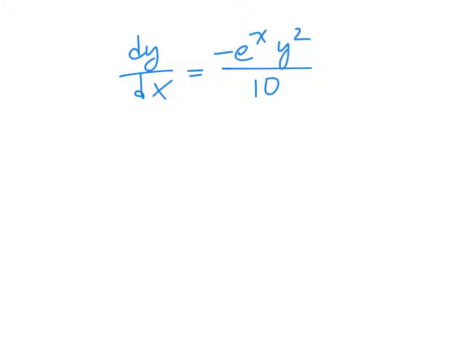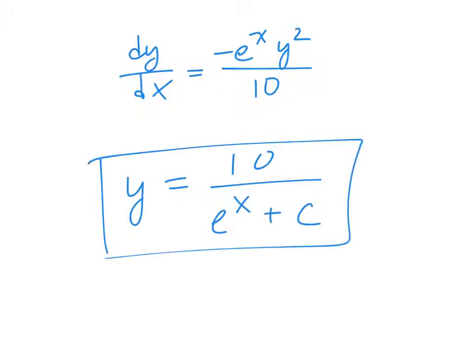Let's try this one. dy dx is equal to negative e to the x y squared over 10. I have my answer in y equals, so it's y equals 10 over e to the x plus c. There are two negatives, so it ends up canceling.